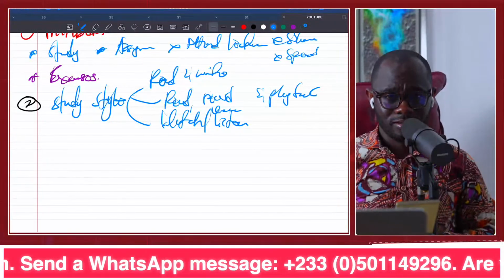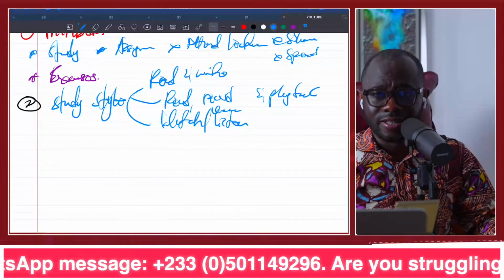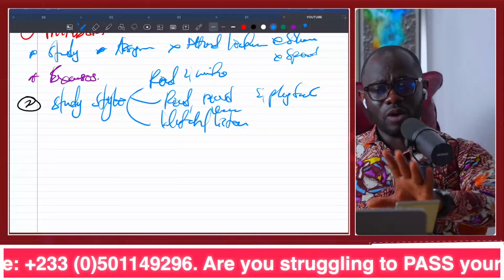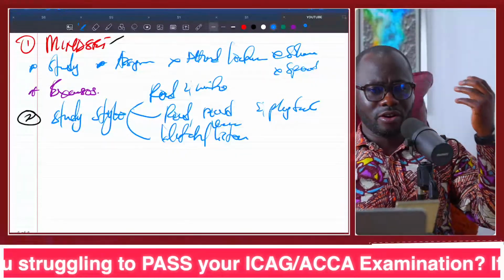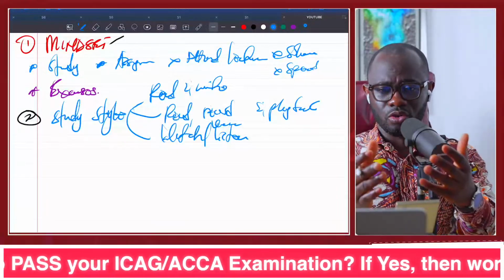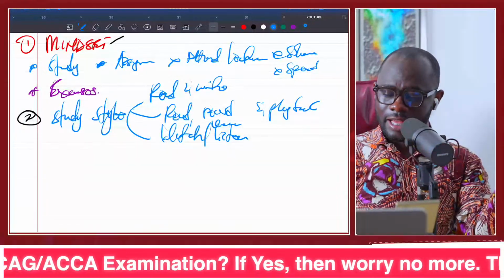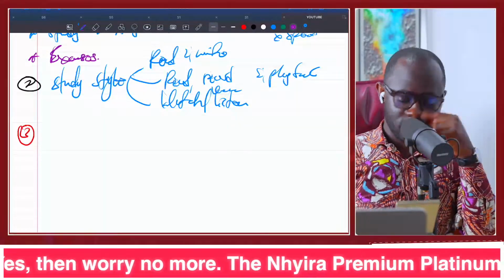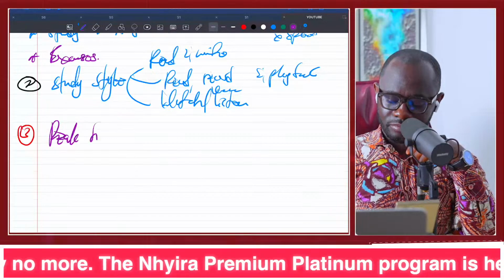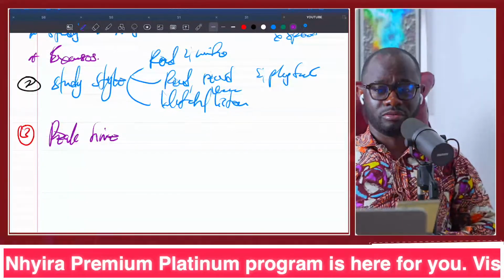Or what? You can use flashcards. And one thing that I tell people is that there are various things going on, and so you must have your study style. And that is linked with the third issue, which is identifying your peak time as an individual.